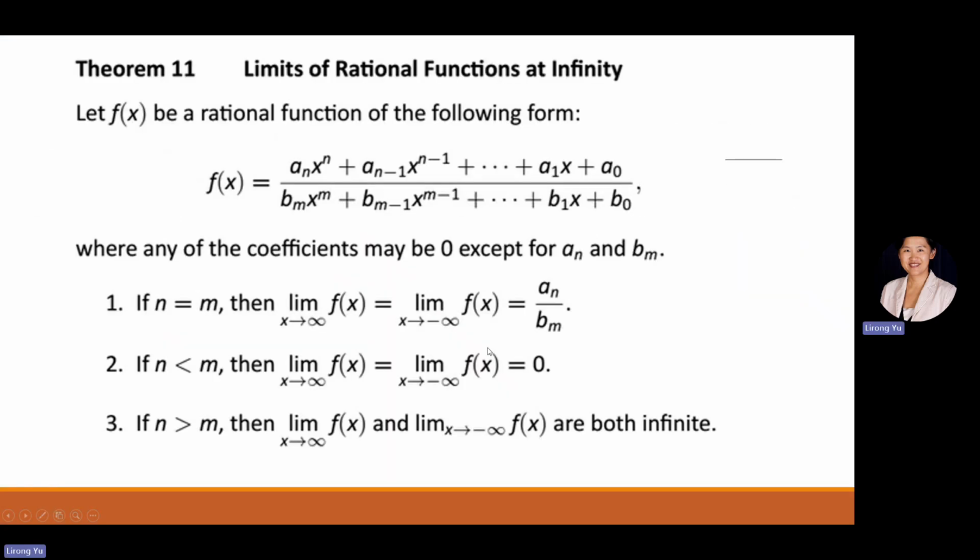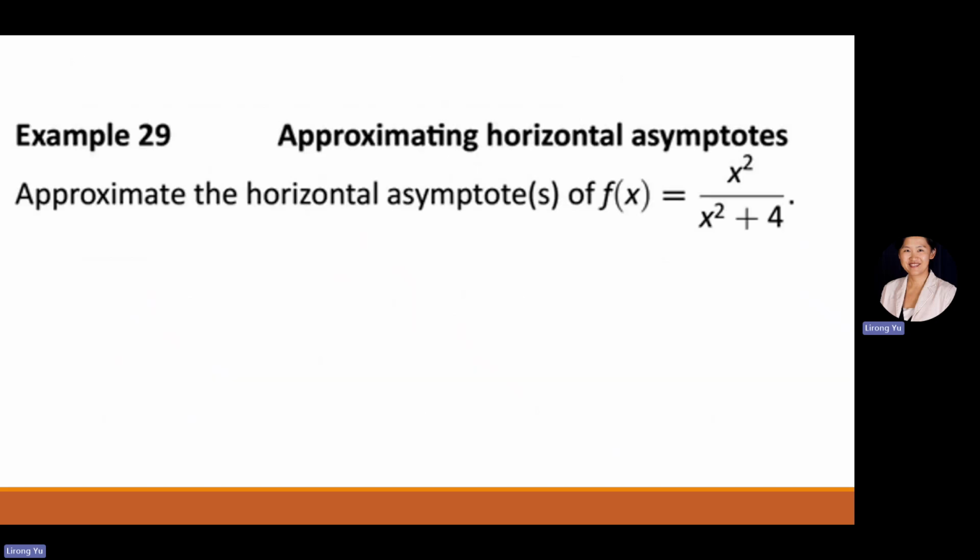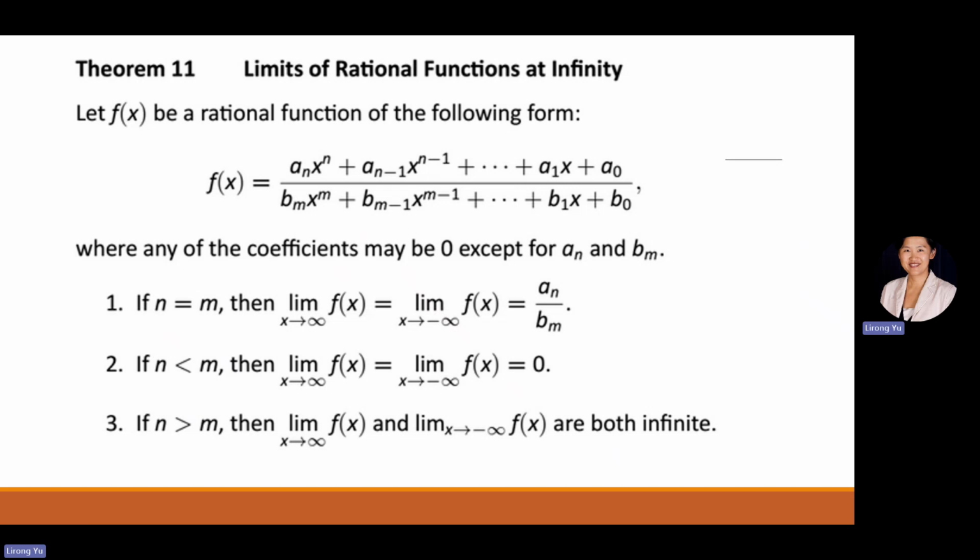Question number 6. All right, let's talk about some of the patterns that we observe. From this example, you can see that the degree of the polynomial is really important. Suppose you have a polynomial in the numerator and another polynomial in the denominator.